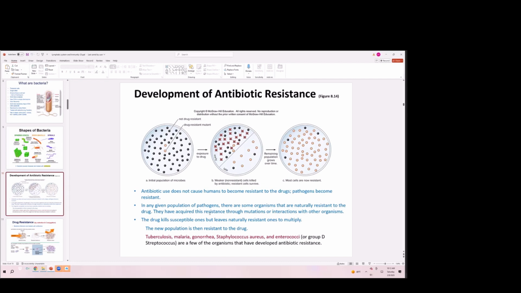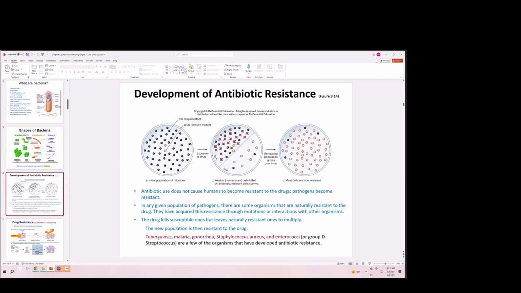They have acquired some resistance through mutations, which are changes in their DNA, or interactions with other organisms. The drug kills the susceptible ones, meaning the weak ones, but leaves the naturally resistant ones to multiply because they have more resources, food, and space to grow. The new population is then resistant to the drug.